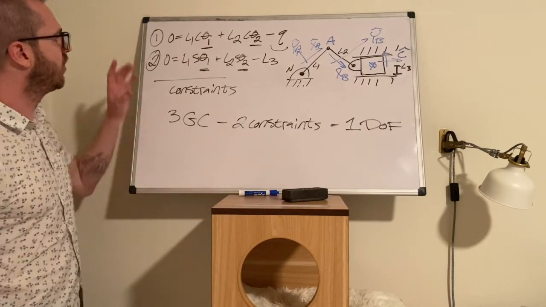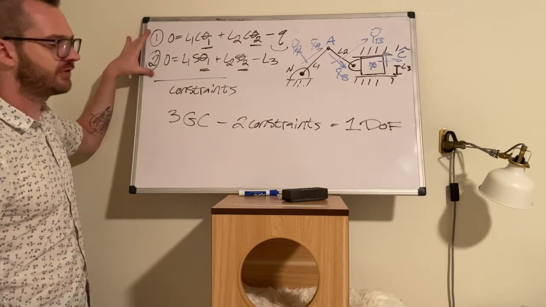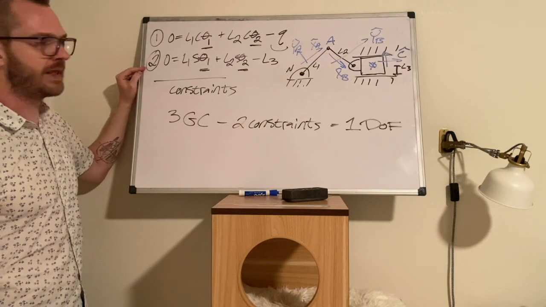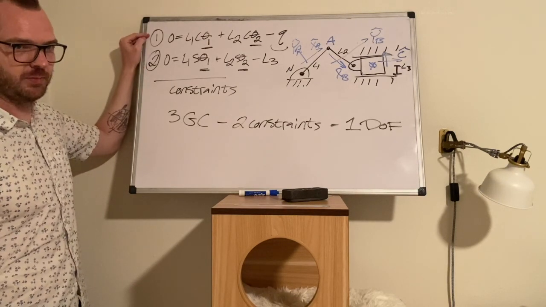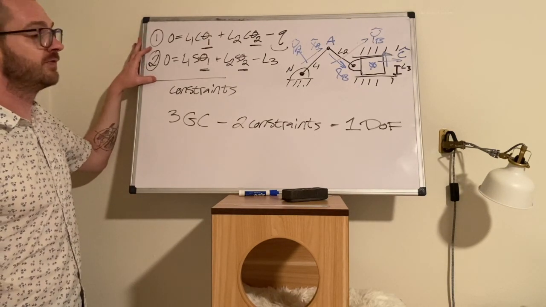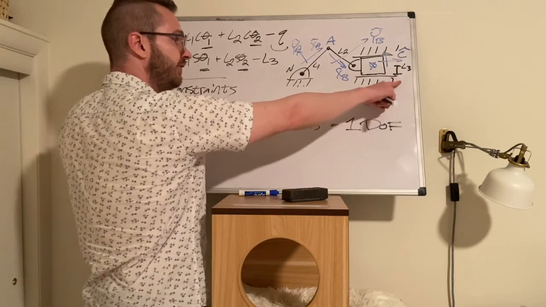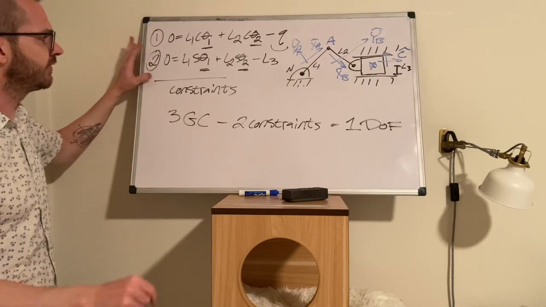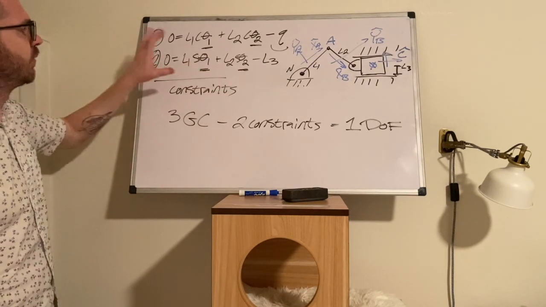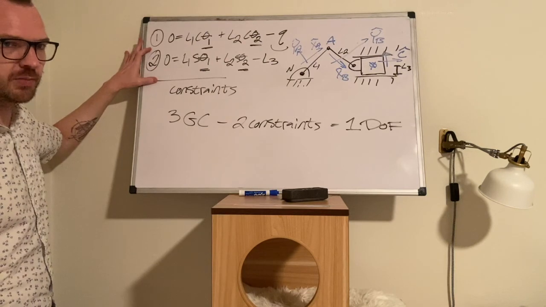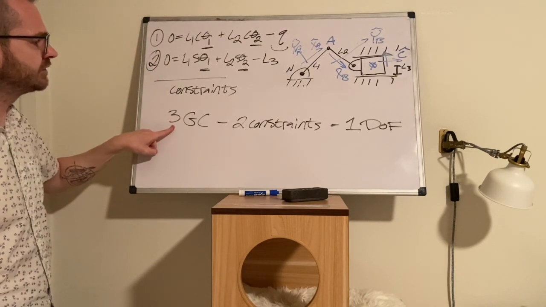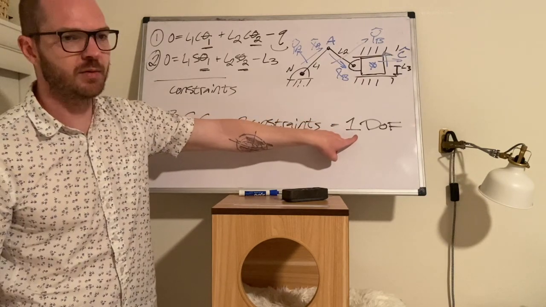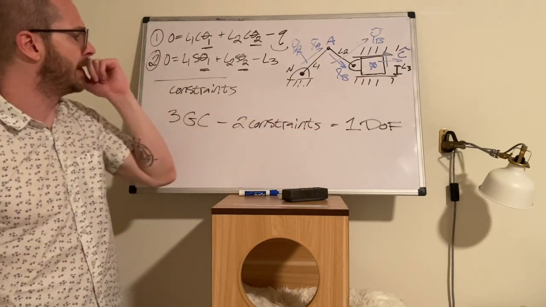Suppose that when we did our vector loop, we only looked at the vertical displacement and we didn't look at the horizontal displacement. The vertical displacement is fixed, right? L3 is a fixed distance. So we could have approached this with only 2 generalized coordinates, and we could have written only equation number 2, in which case we would have had 2 generalized coordinates, we would have had 1 constraint, and at the end of the day, we would have still ended up with 1 degree of freedom.